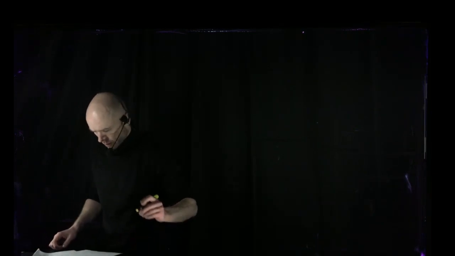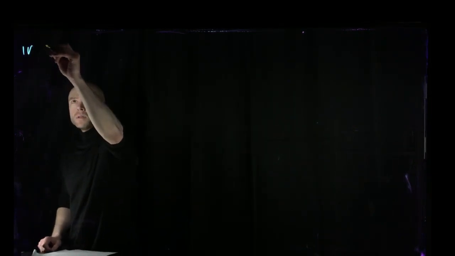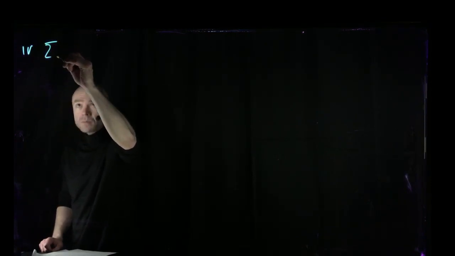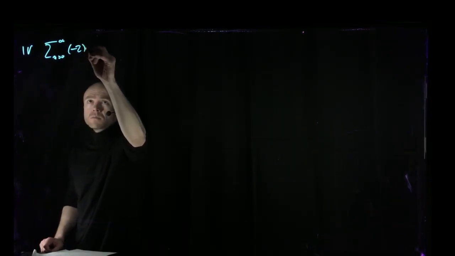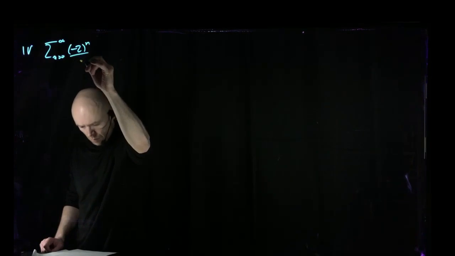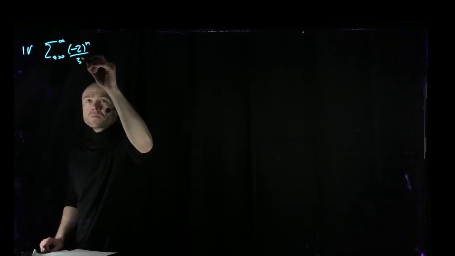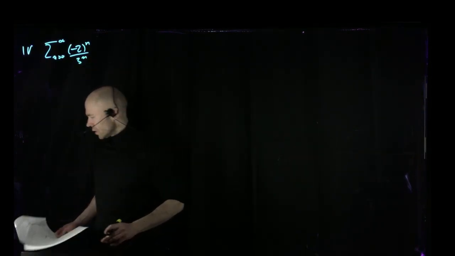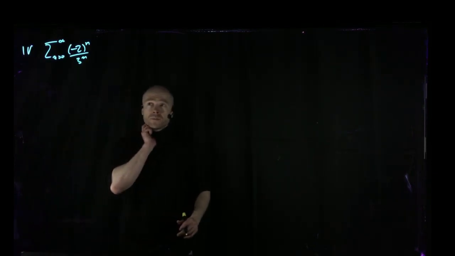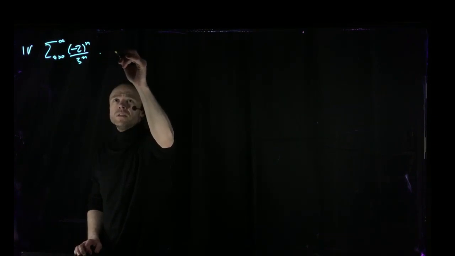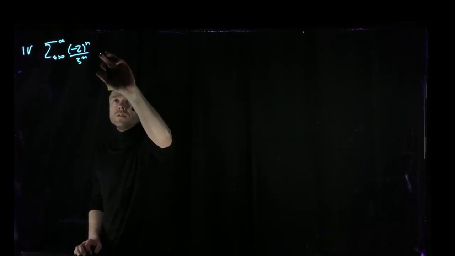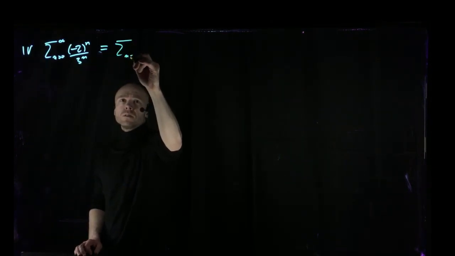So we have our final series, which is IV, which is this guy. So it's alternating, okay, but let's see how else we can write this. This can also be written like this, sum from 0 to infinity.